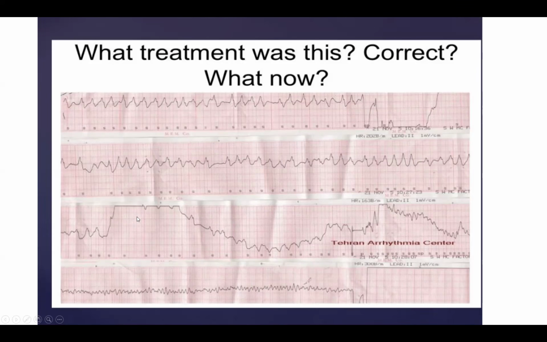Like there's probably the QRS is off the page here, but probably there was a QRS here. Here's a QRS it's not sensing. Here's a QRS that it's not sensing. There's one here. So the sensing is poor on this. And so basically they put a shock on a T wave and induced VF.